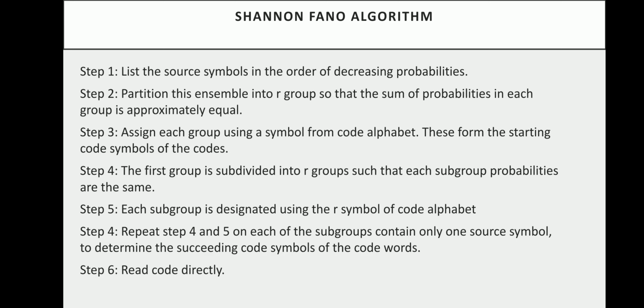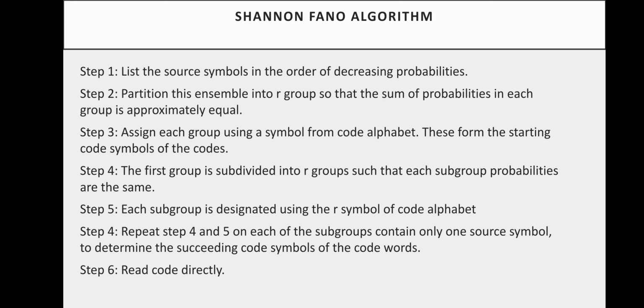That means only one source symbol is left alone. At that point, in all the steps we have assigned each group a symbol from the R code alphabet. Then our coding is over, and we can read the code directly.